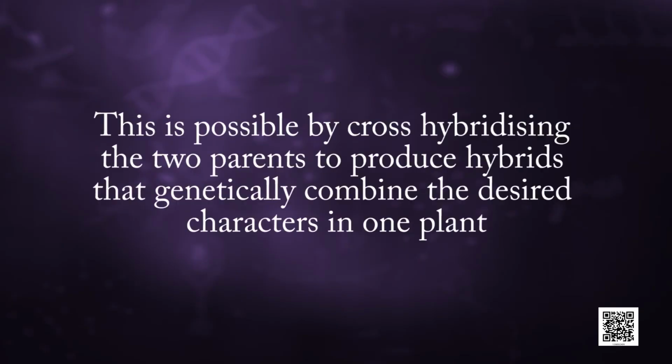This is possible by cross hybridizing the two parents to produce hybrids that genetically combine the desired characters in one plant. This is a very time consuming and tedious process since the pollen grains from the desirable plant chosen as male parent have to be collected and placed on the stigma of the flowers selected as female parent.